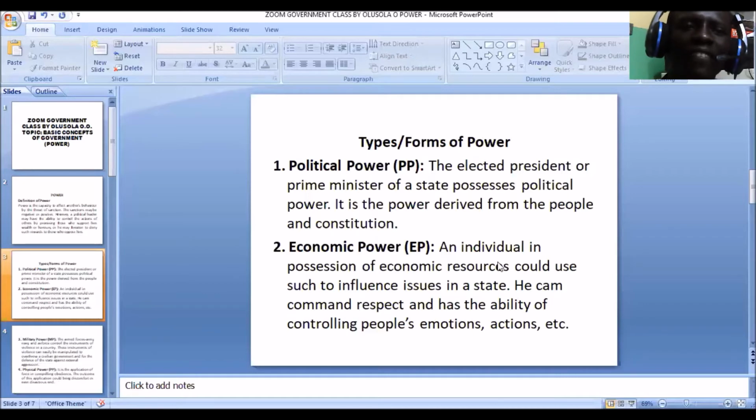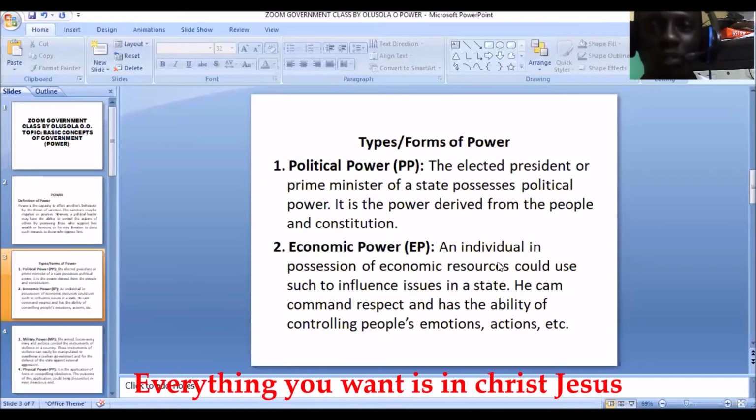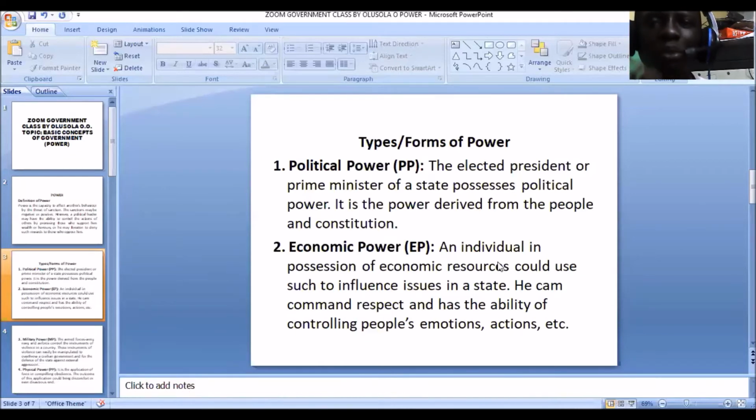Economic power is different from political power in the sense that political power is attained through the consent of the people and the constitution of the land, because every country's constitution stipulates the process of attaining power.